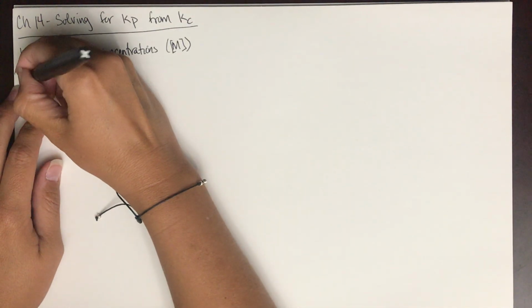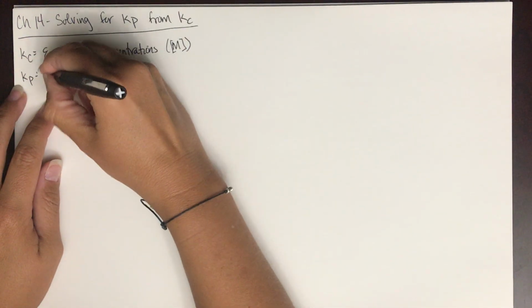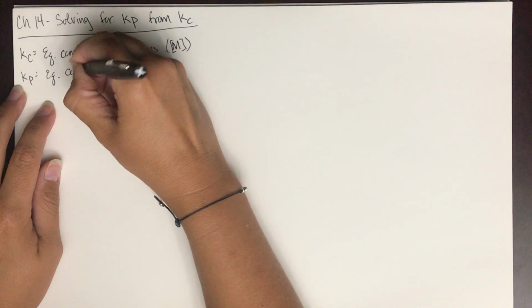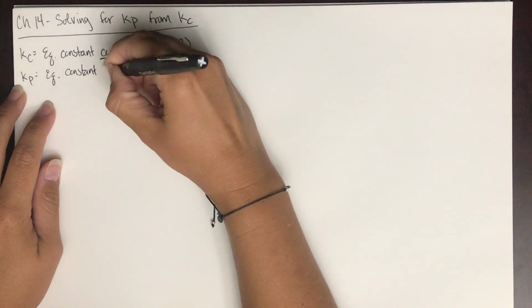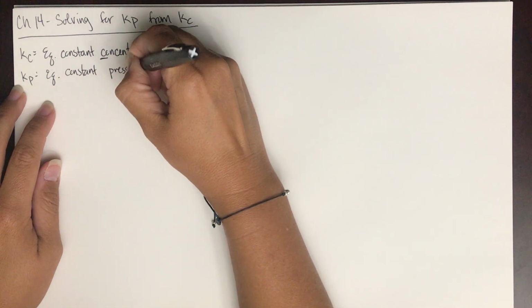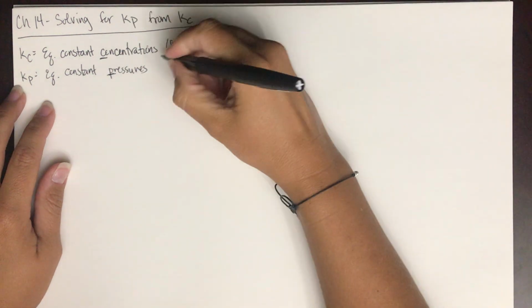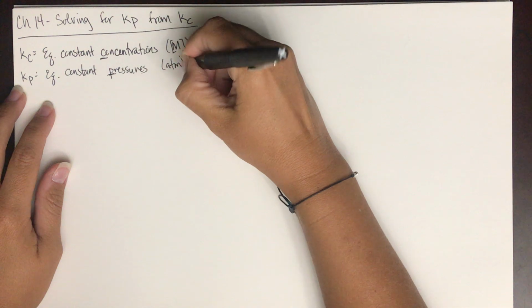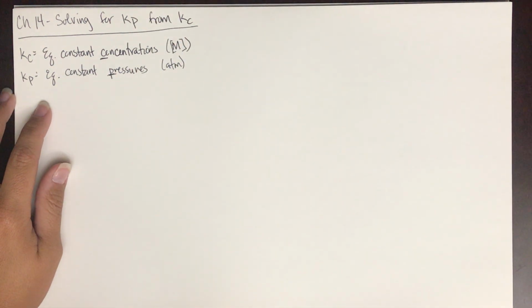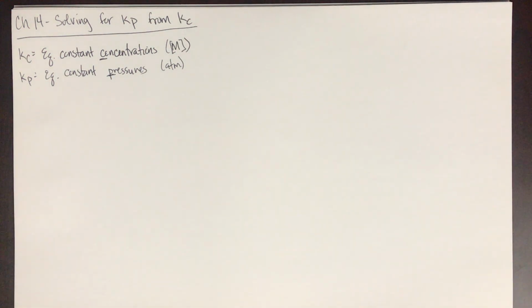The Kp is the equilibrium constant for pressures. That's where the P comes from. Pressures in atmospheres, because we're going to be using the universal gas constant, which has a unit of atmospheres in it. So we are able to convert Kp and Kc using this formula.